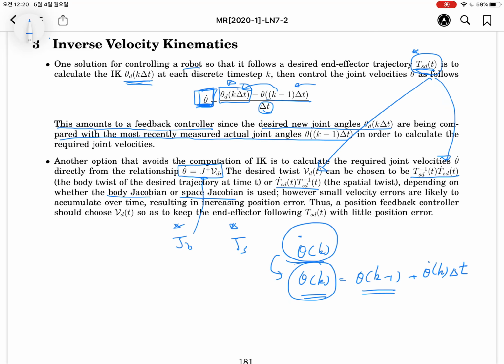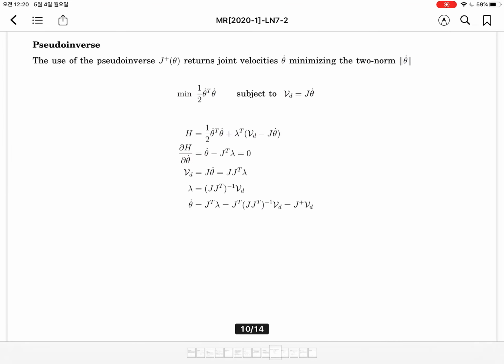Like this, after calculating theta dot, theta can be obtained. So we can complete the IK issue.